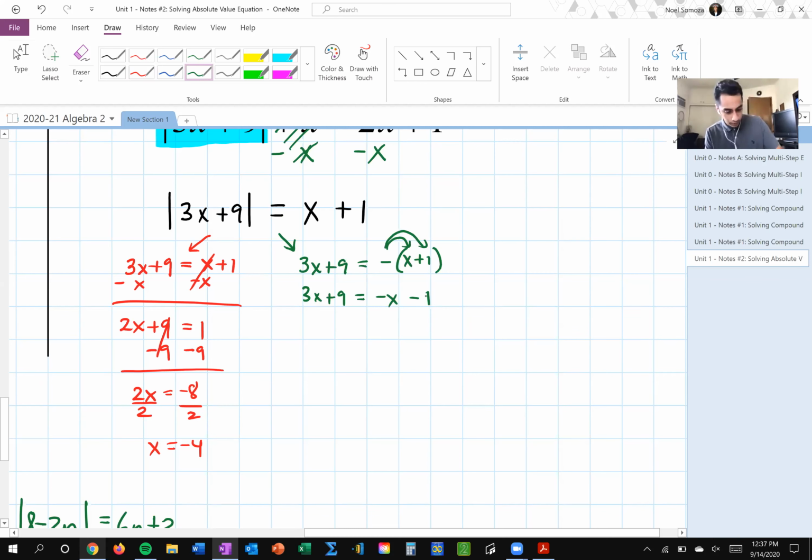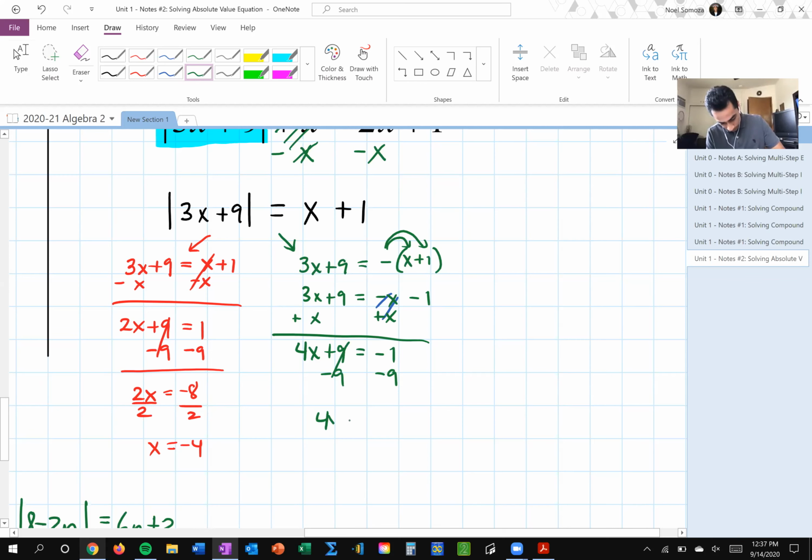And now let's see what we can do. Let's add x. That's going to give us positive 4x plus 9 equal to, this cancels, so then this is equal to negative 1. Let me go ahead here and subtract 9.